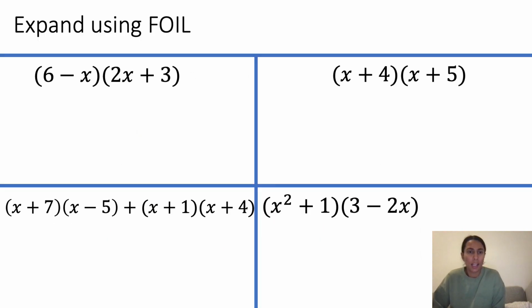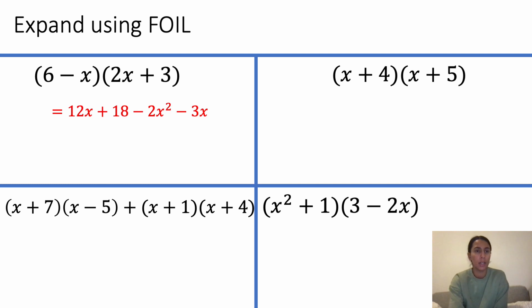I'll do the first one with you, then I want you to pause the video and I'll put the solutions up for the other three. With this one here, the first one we're going to do is 6 times 2x, which gives us 12x.